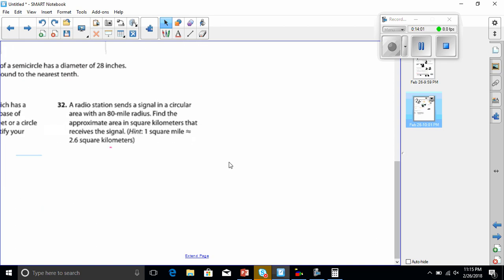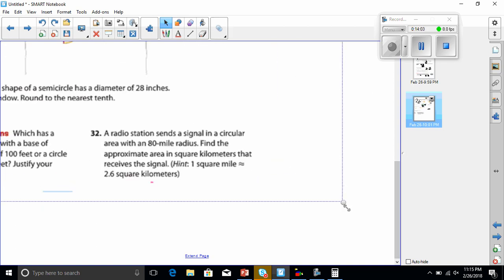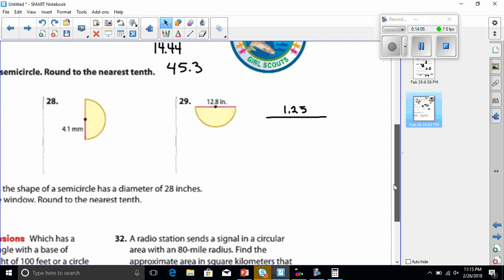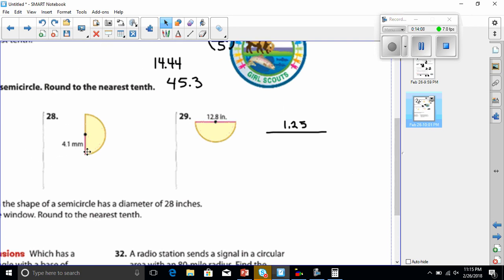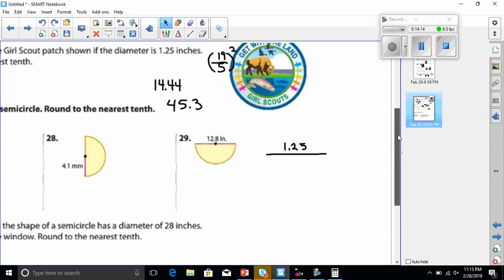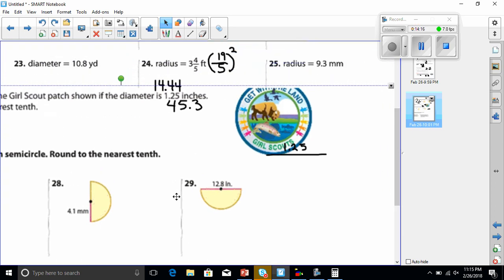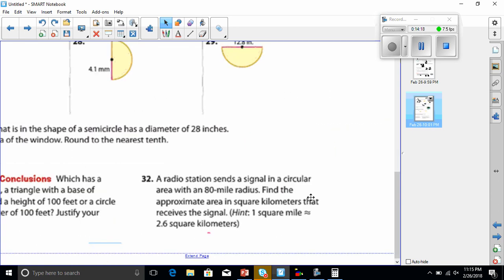Just going to make it a wee bit bigger. Yeah, it definitely looks like a 4.1. Okay, and let's bring this back down where we want it. 4.1, because this was over here.